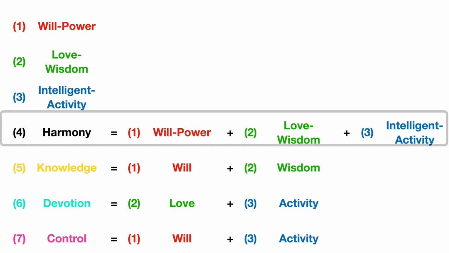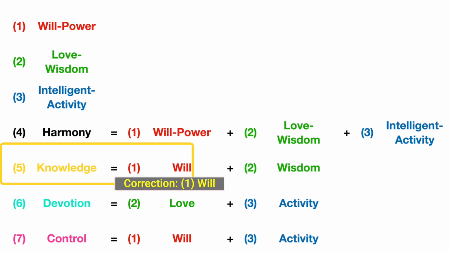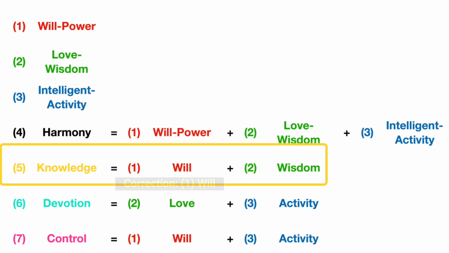This makes sense because if all the 3 principal energies are in balance, then you achieve harmony. In the case of 5, knowledge, it is only the 3rd ray aspect of intelligence and the 2nd ray aspect of wisdom that go to make it up. Again, wisdom, if it is backed up by intelligence, means you can really come to know something.